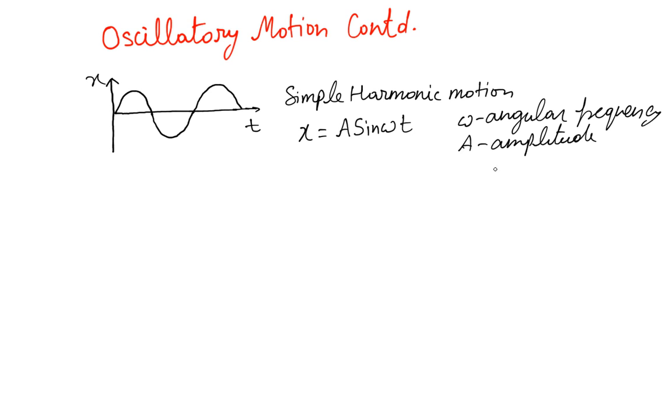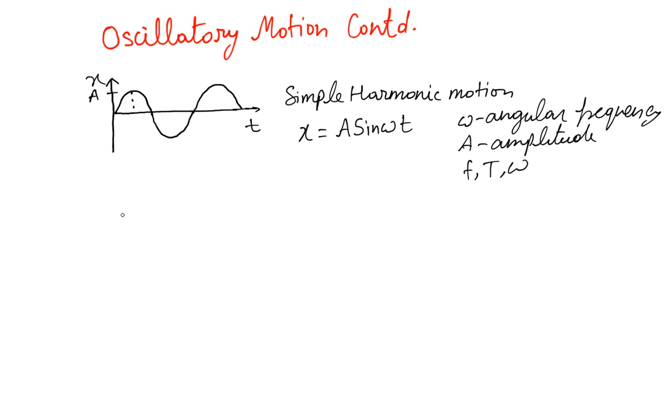We also explained terms like frequency and time period, and they were all related with omega. And a was defined to be the maximum value the motion achieves, called the amplitude.